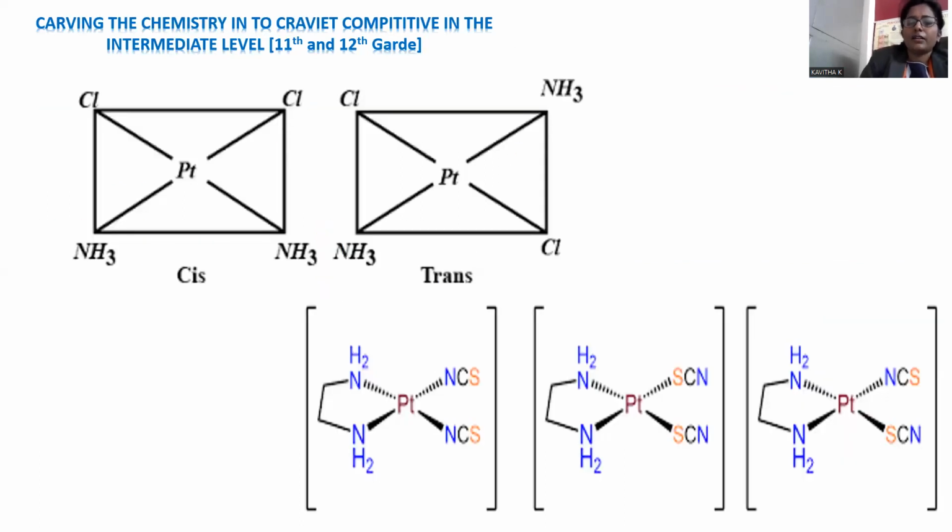Later on, the resembling molecule, ethylene diamine, being bidentate, is able to form a chelation like this. And another NCS ligand is there where we can bind a nitrogen with this platinum, and it exists in square planar. And there are 3 possibilities we can write in different forms, no? These many possibilities you can write, but in all these cases all are square planar only. So this will be the exact mapping.